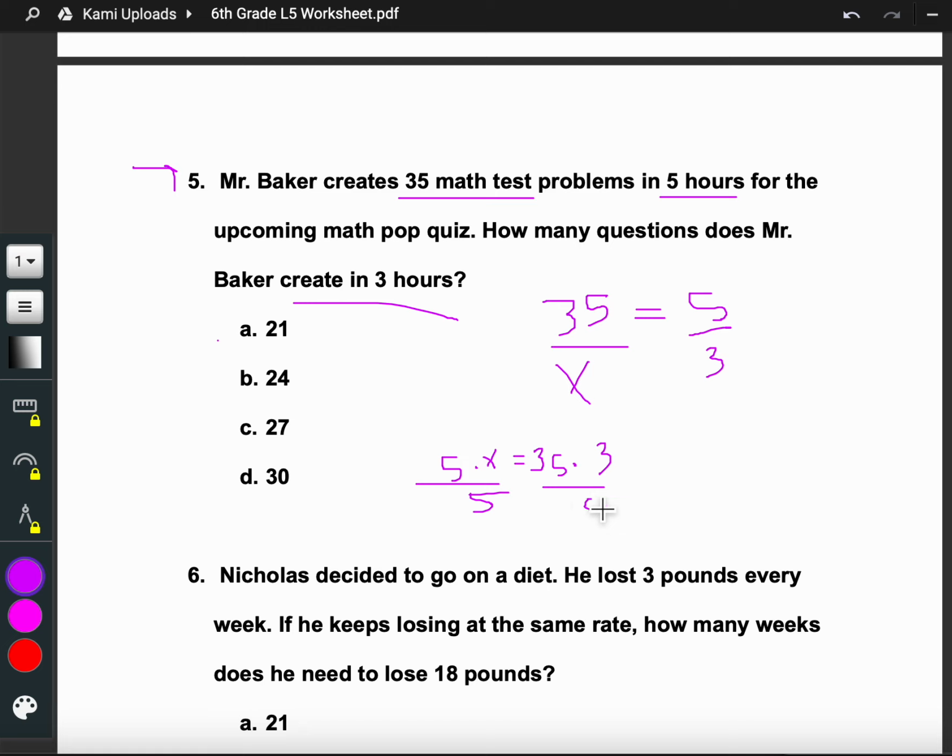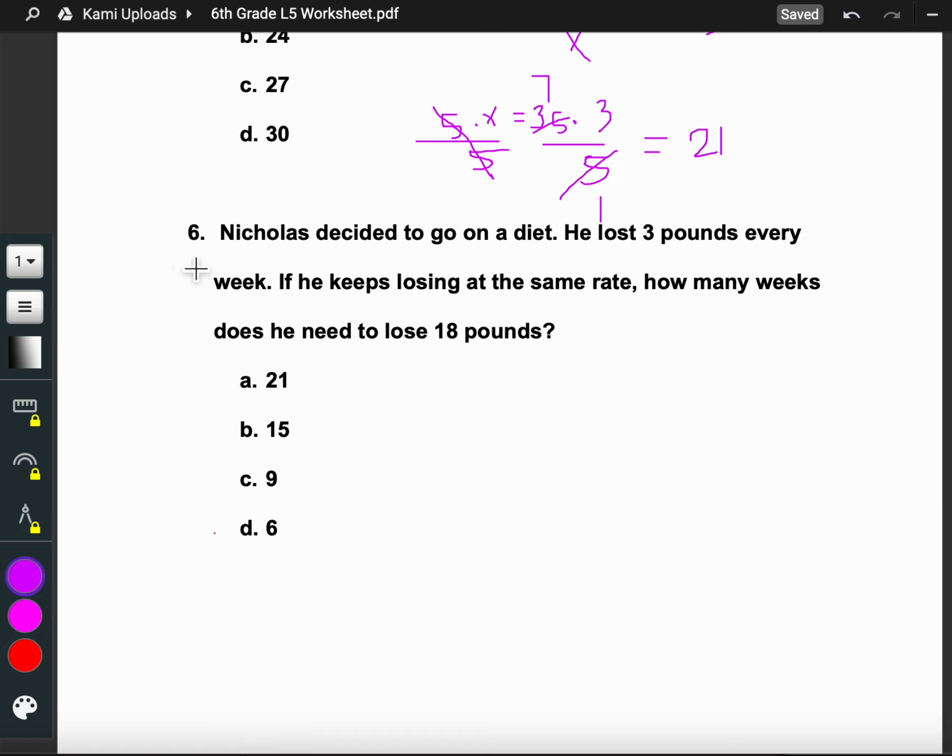And if you feel comfortable with it, you can easily just get rid of the 5 here instead of dividing in the next part. So we know 35 is also divisible by 5. So that becomes 7. So 7 times 3. So that would be 21. So the answer would be A. Mr. Baker creates 21 math problems in 3 hours.